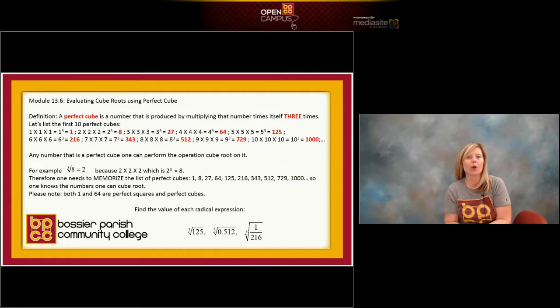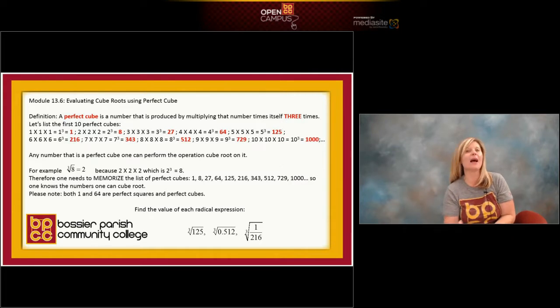If you look at your PowerPoint, we're going to list the first 10 perfect cubes. So we'll start out. If I take the number 1 and I multiply it by itself 3 times, 1 times 1 times 1, I can rewrite that as 1 cubed. And we all know 1 cubed is 1. So the number 1 is a perfect cube number. If I do the next number, 2, 2 times 2 times 2 can be written as 2 cubed.